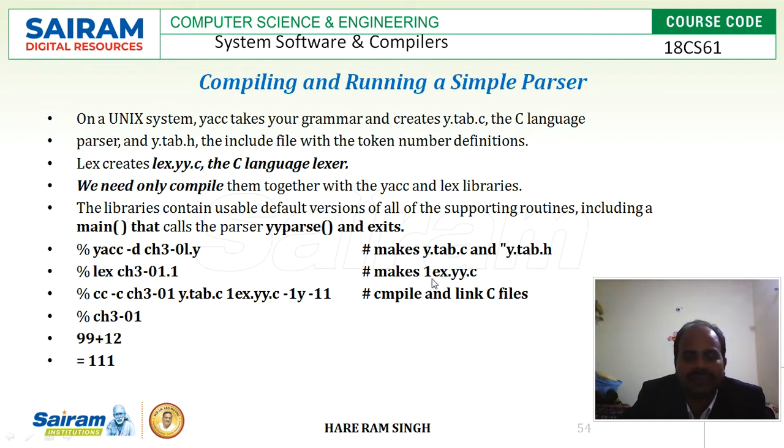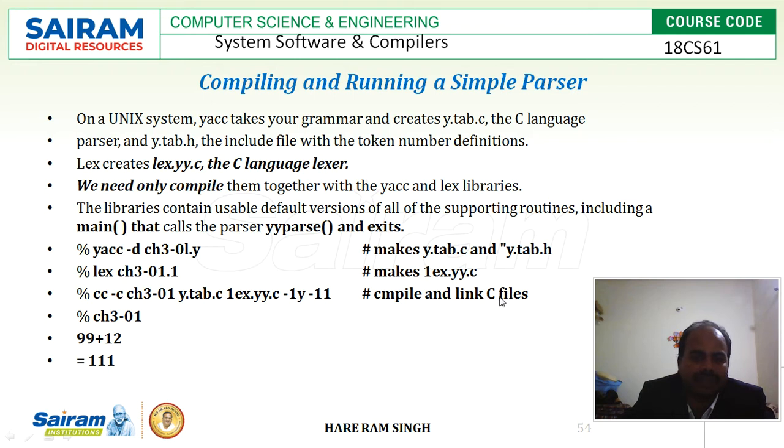It generates the C file called lex.yy.c. Now we should compile both the C files, that is cc -c chapter3_01 y.tab.c and lex.yy.c, and we should link with -ll the library function.